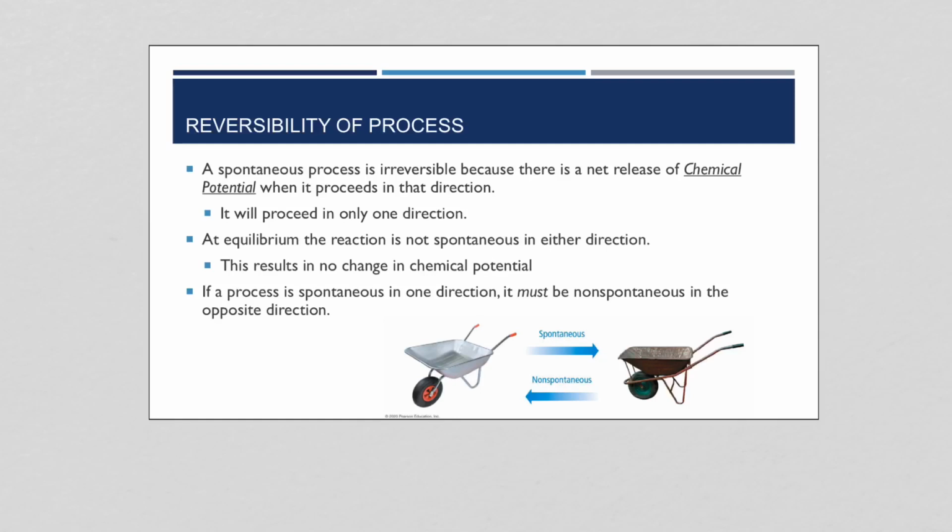So a spontaneous process is irreversible because there is a net release of chemical potential when it proceeds in that spontaneous direction. And so a reaction can only be spontaneous in one direction. Now, if we think about equilibrium, which we just spent the last 3 chapters talking about, a system at equilibrium is not spontaneous in either direction.